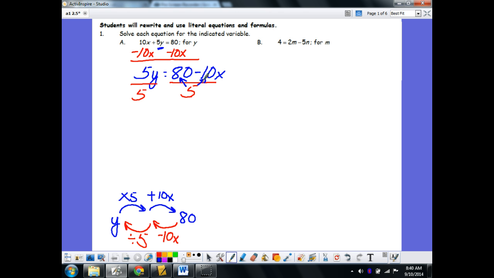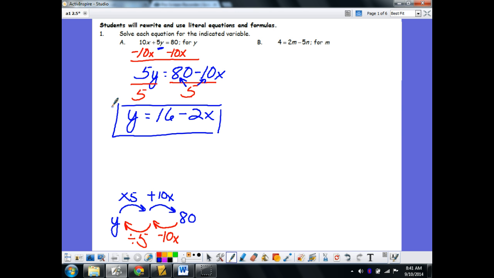So 80 divided by 5 turns out to be 16, and 10x divided by 5 is 2x. That is solving that literal equation for y, isolating the y.